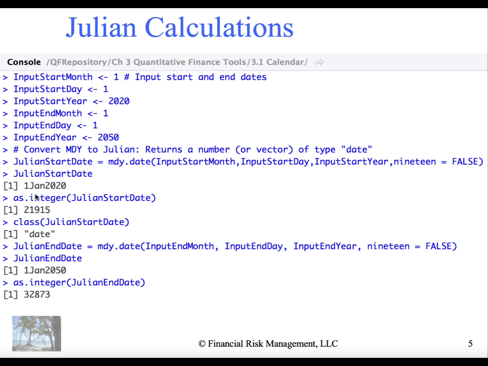The way this is stored, if I just print out the Julian start date, it gives me a date. But if I convert it to integer, it shows me the integer value of 21,915. But the class, the type of variable that this is, is date. So it publishes as a date, but the number stored is integer.